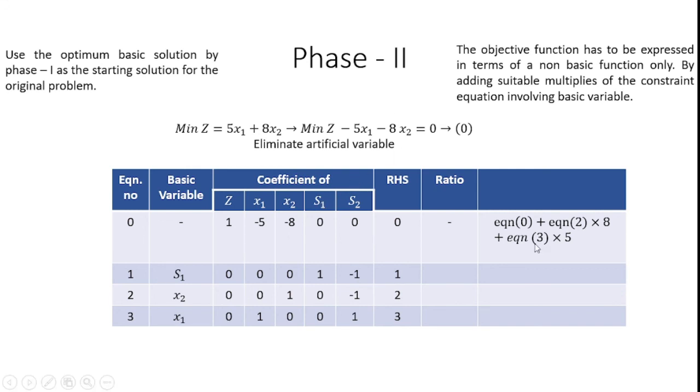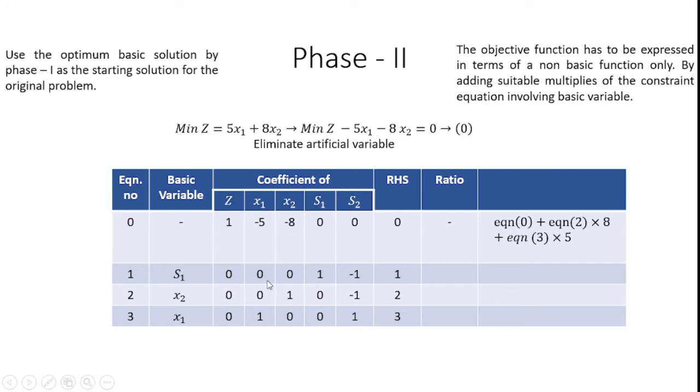Yes, considering equation 0 plus equation 2, there is one already available, so equation 2 into 8. Equation 2 into 8, so -8 plus 8 I can get this term as 0.